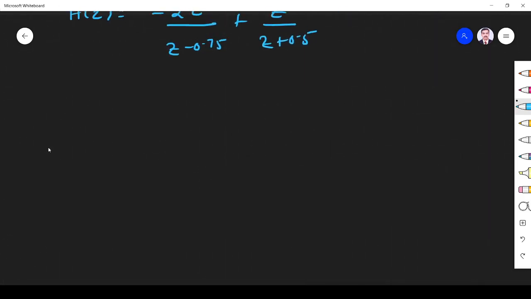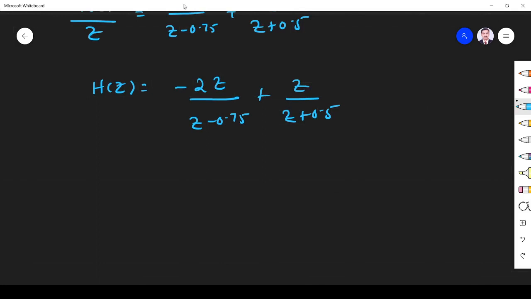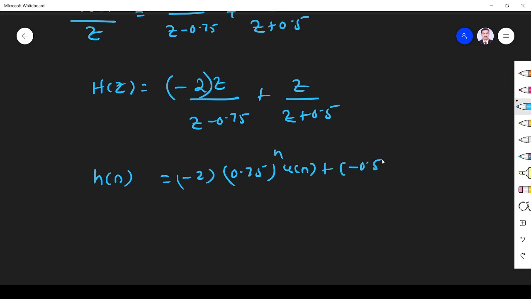H of n means take the inverse z transform, so it is minus 2 times 0.75 power n u of n, plus minus 0.5 power n u of n.